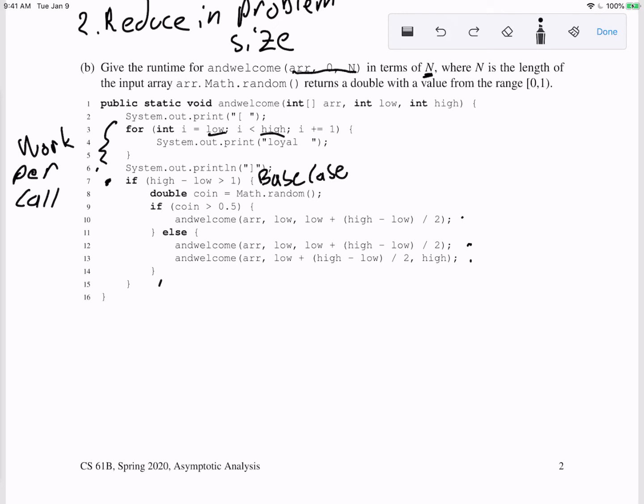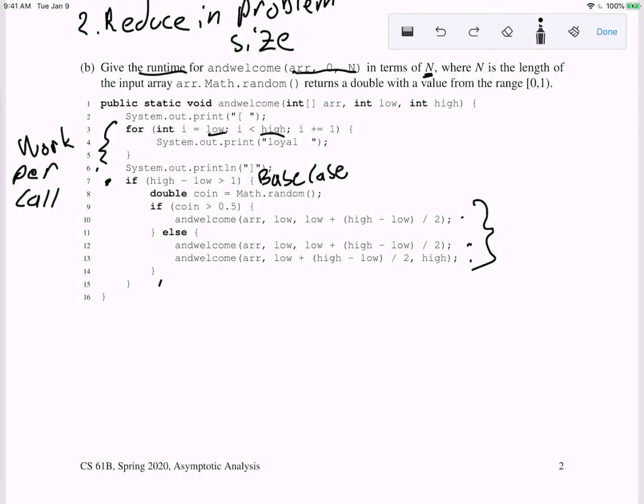Okay, and now we can do best and worst case analysis. This is important. This problem is not asking us to find the best or the worst case. It's just asking for the runtime. But if you look over here, there are 2 possibilities. We either make 2 recursive calls in the case where coin is less than or equal to 0.5, or we only make 1 recursive call.